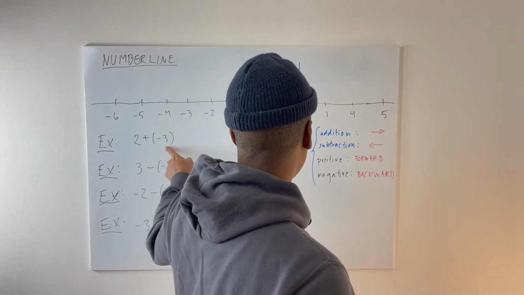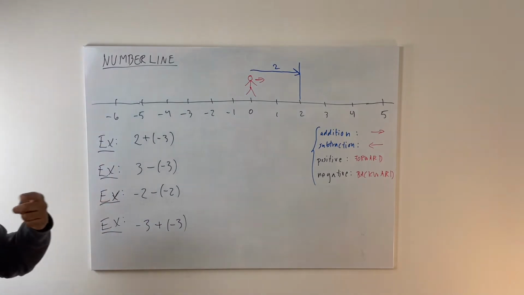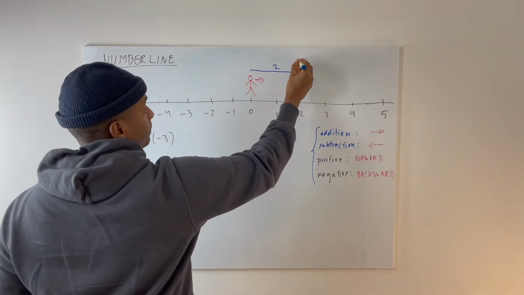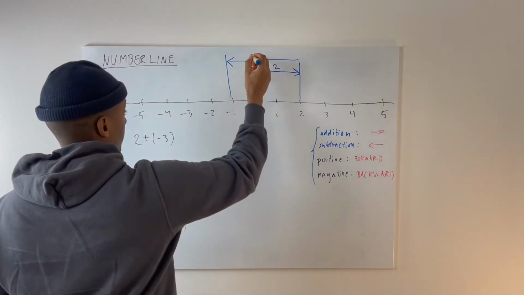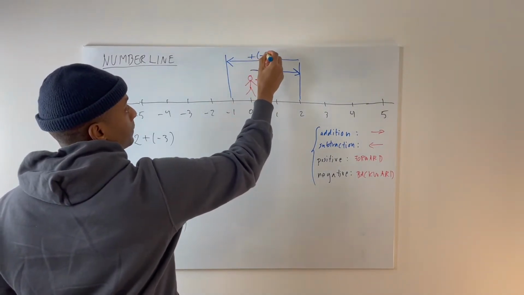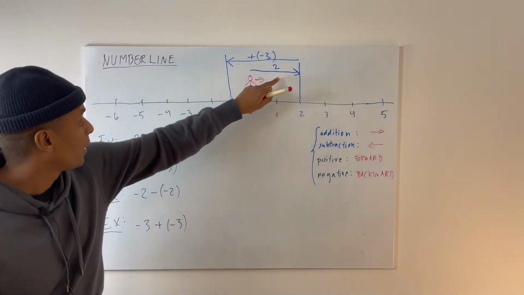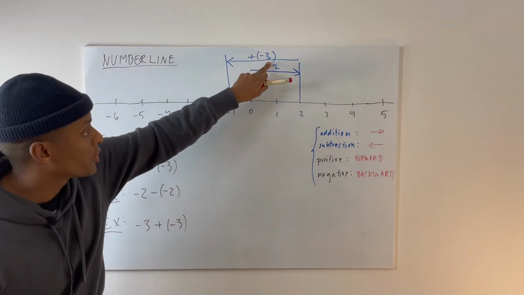Now, because we have a -3, we're going to take 1, 2, 3 steps backward. So it's going to be like this. So this is 2. And then we have plus -3.